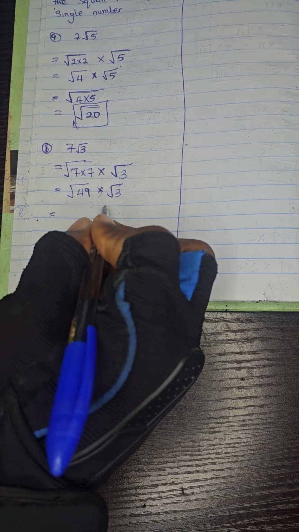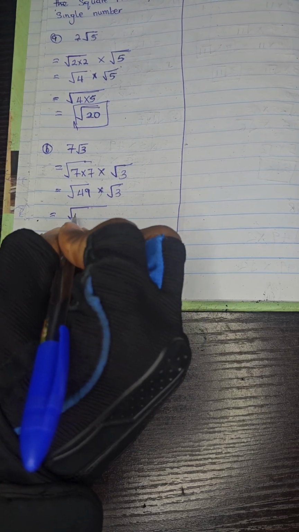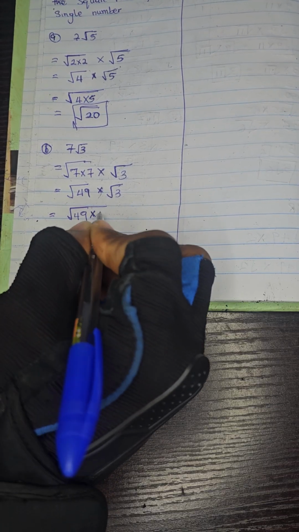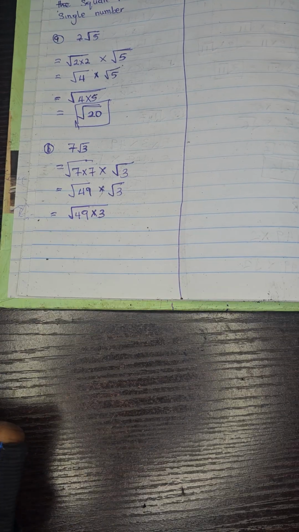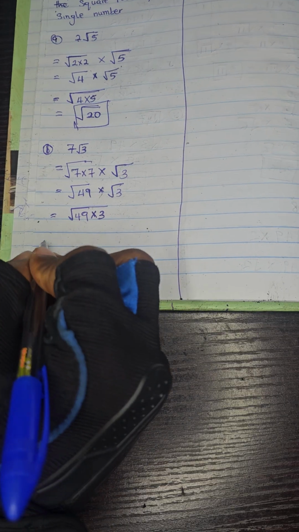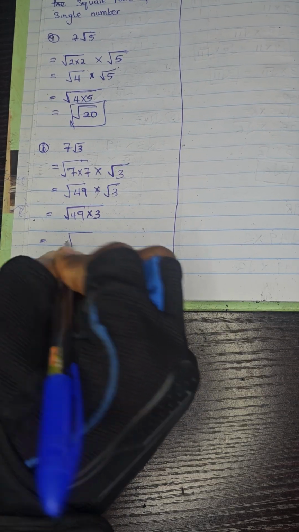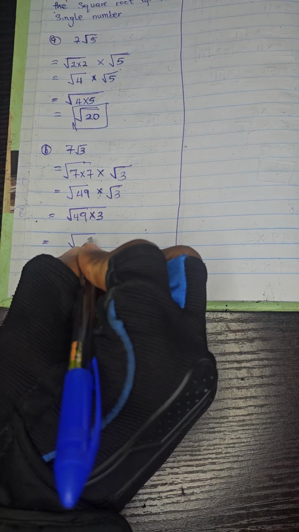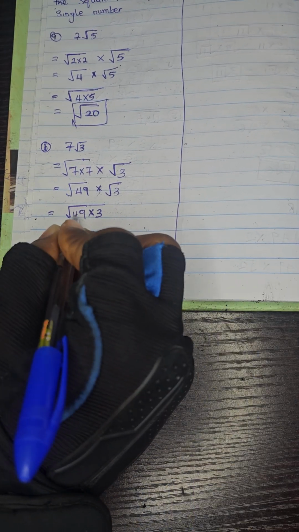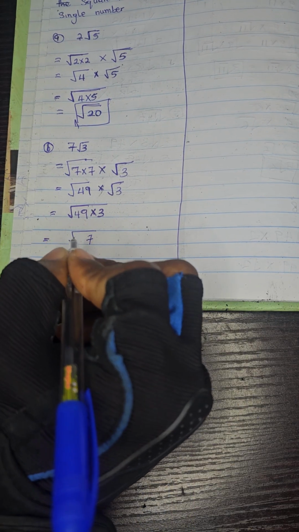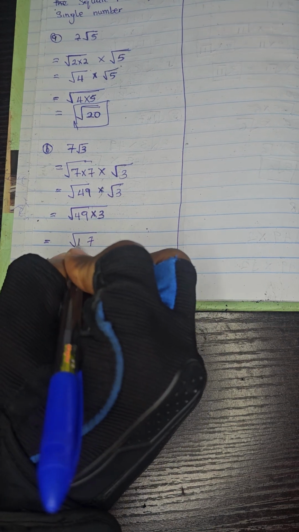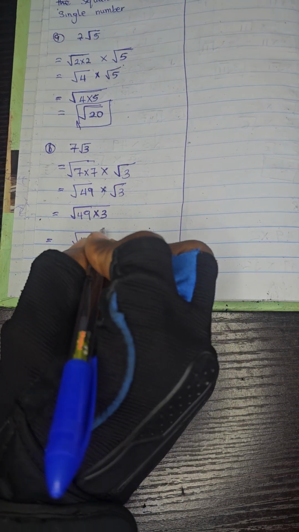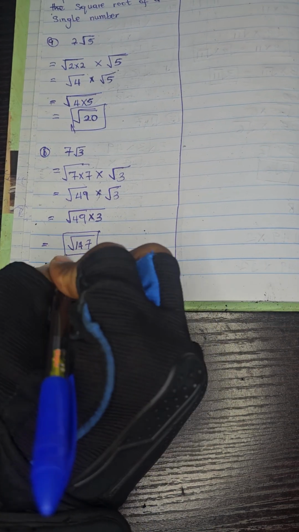So we apply our rule, all of them is the same thing as 49 times 3. So our final answer is square root of, 3 times 9, 27. Take 2. 3 times 4, that's 12 plus the 2, 14. So 147. This is the final answer for the example.